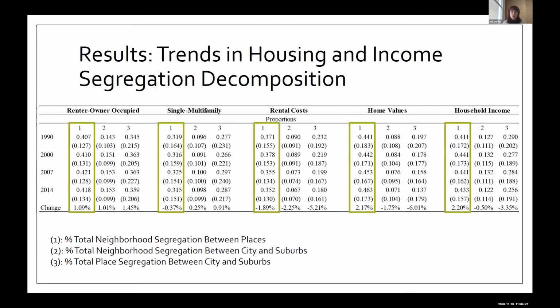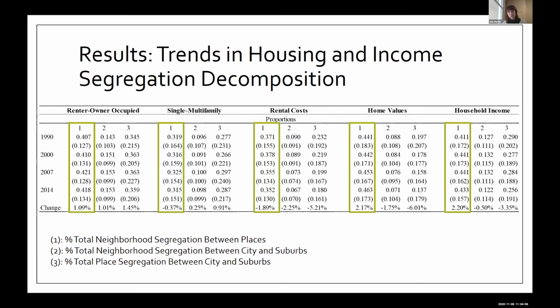In the interest of time, I'm just going to focus on the decomposition of total segregation between neighborhoods, which is what I've been talking about, and present what percent of that is occurring between places. If you think back to that 0% to 100% schematic that I showed you at the beginning, we can see here across all of our measures, about 30 to 45% of housing segregation, either by type or by cost, is occurring between places.